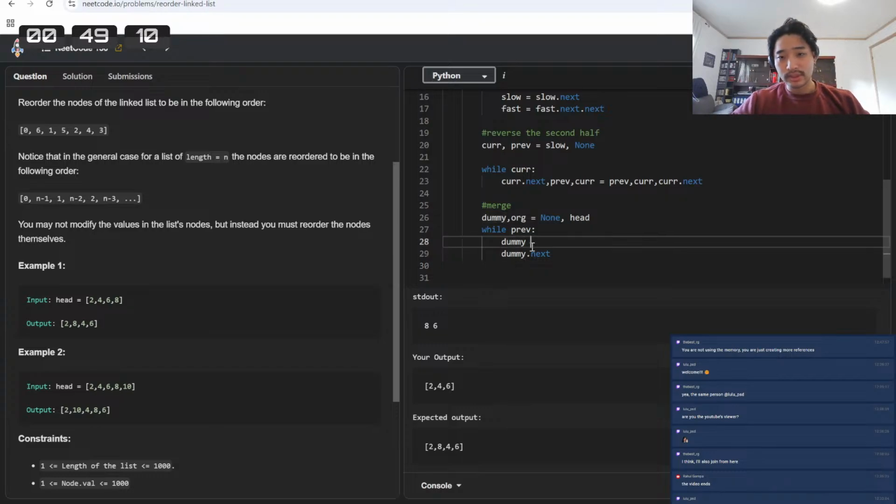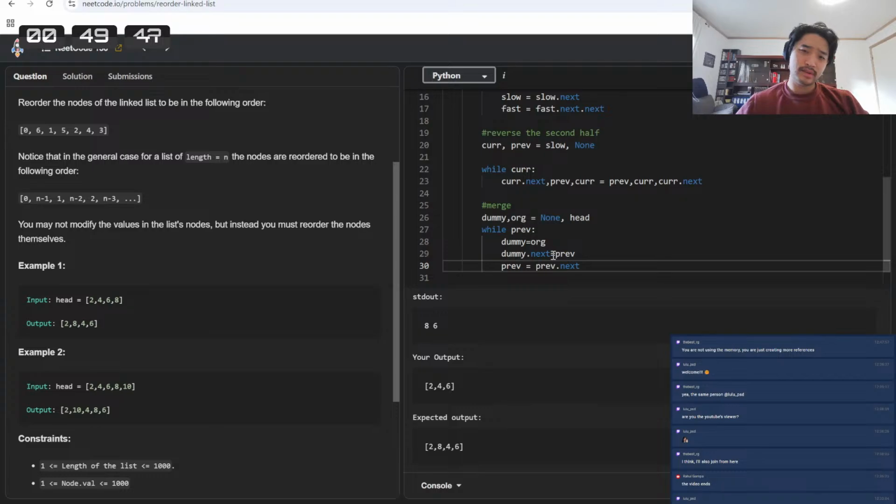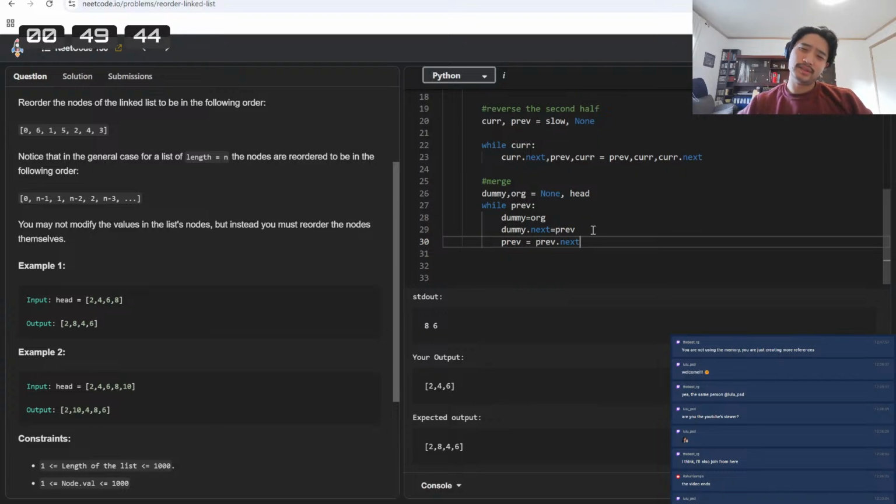Why do I struggle so much with this? It's not supposed to be that hard. Dummy.next equals prev. Okay, what is this?